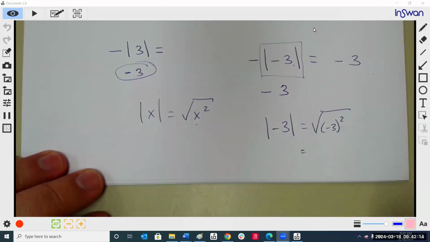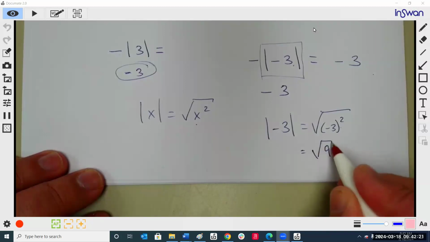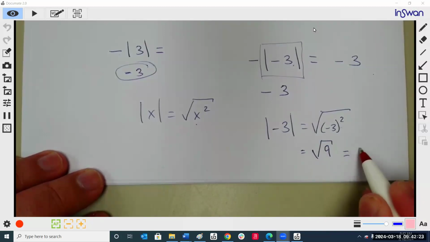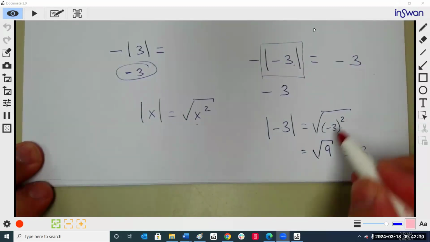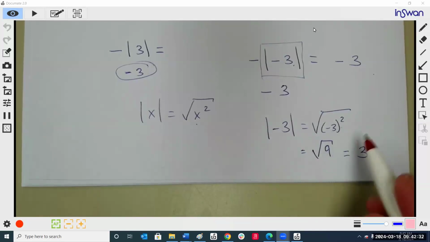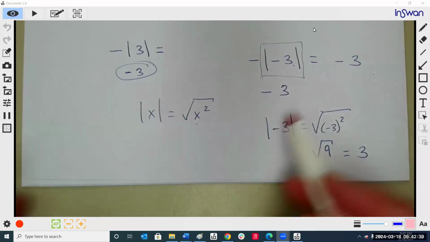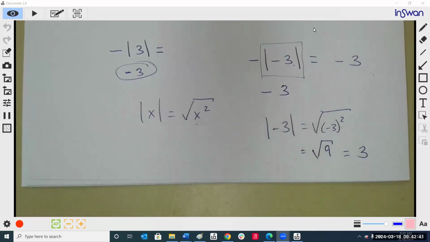So -3 squared becomes what? +9. What's the square root of 9? So the square gets rid of the negatives. And the square root shrinks it back down to where it began. So if you're going to put an equation to it, that'd be the equation. So instead of doing that, we just get rid of this negative sign inside there.